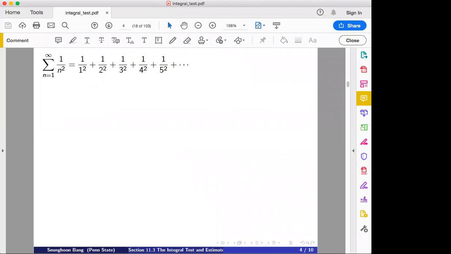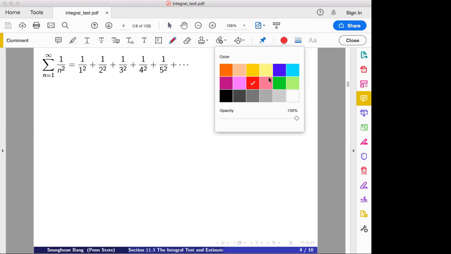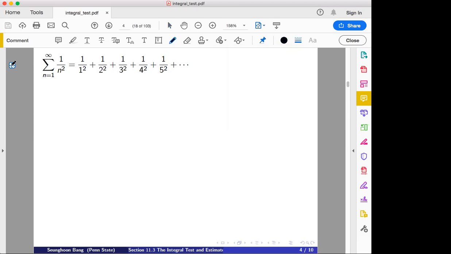So here is the first example. How can you solve this kind of problem? I'm going to use this idea. We can draw a graph. You can replace 1 over n squared by the function f of x equals 1 over x squared.